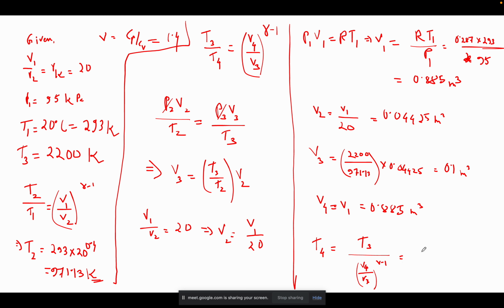T3 was 2200, V4 is 0.885, and V3 is 0.1, to the power 0.4. So that is 919.698 Kelvin.